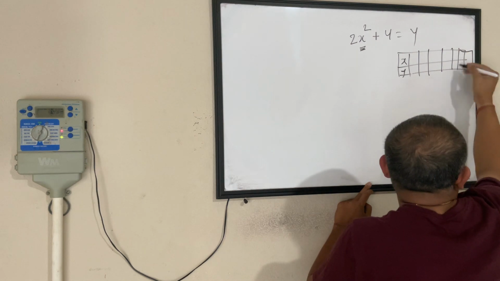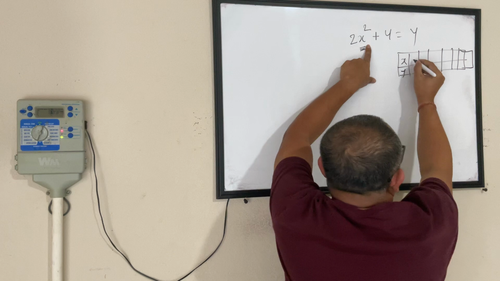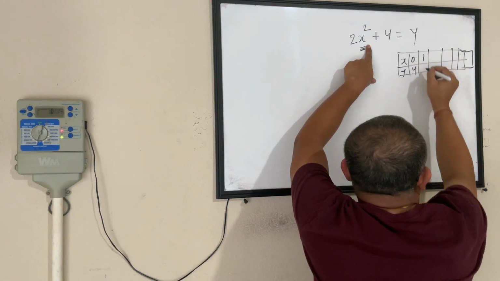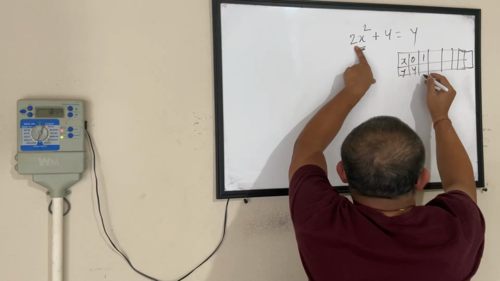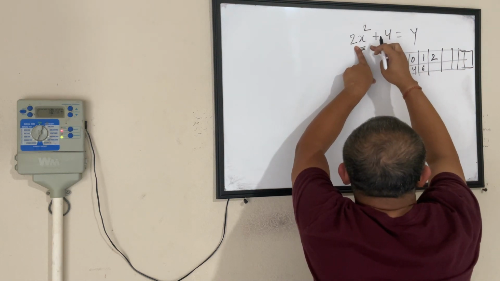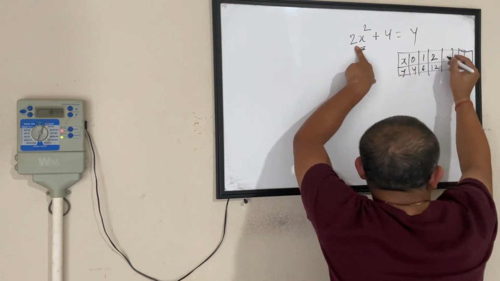This time we'll probably use a few extra points. So in this equation, when x equals 0, what is the value of y? 4. When x is 1, what is the value of y? It will be 4 plus 2, 6. If it's 2, it will be 2 times 4, 8, plus 4, 12. Let's play with some negative values also.